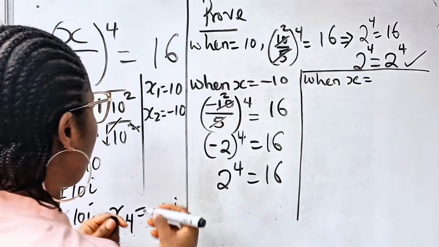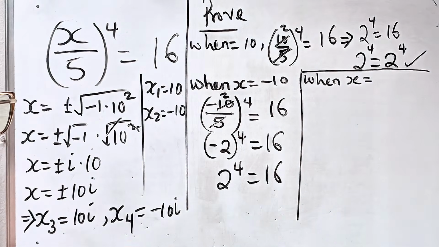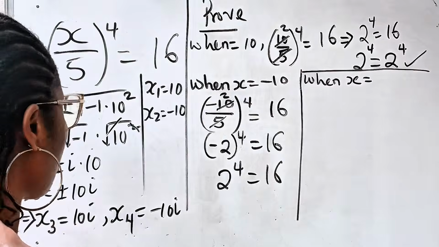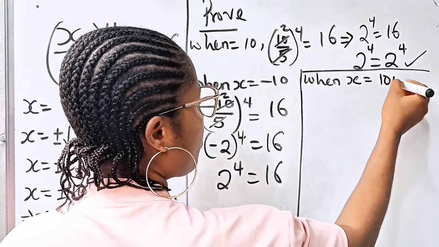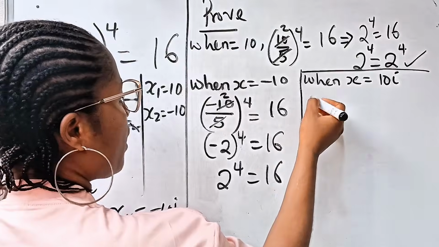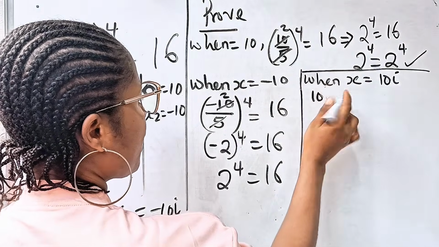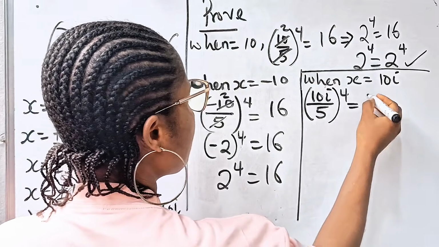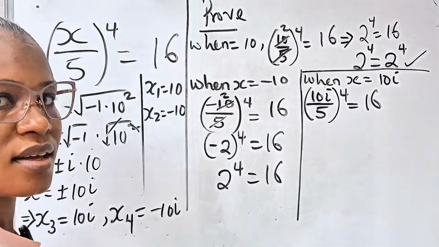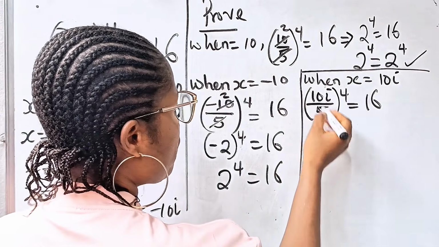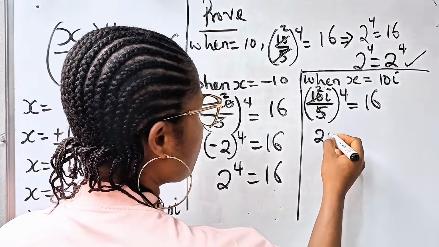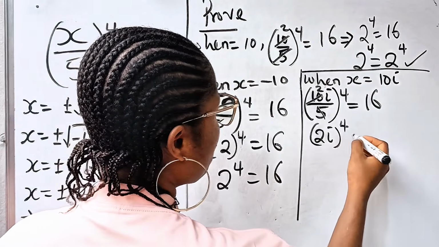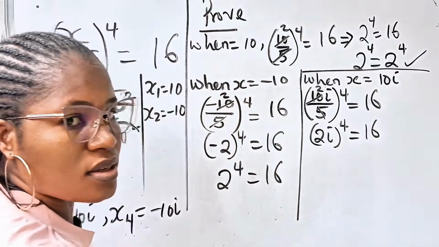Let's go to the imaginary. When x is 10i, we are going to have 10i divided by 5 raised to the power of 4 is equal to 16. Now 5 will go into this 2, so we have 2i raised to the power of 4 is equal to 16.